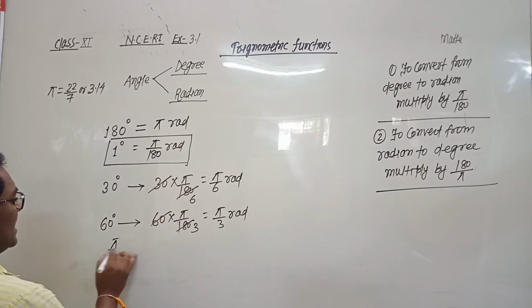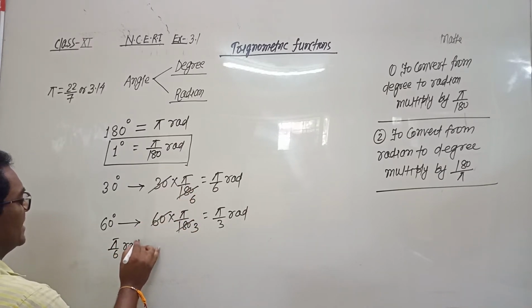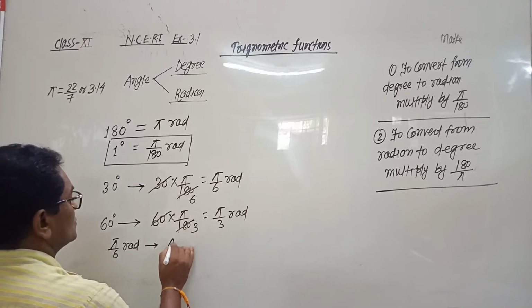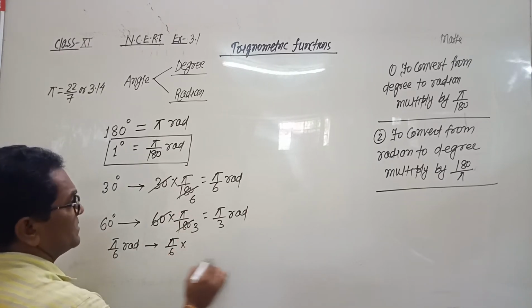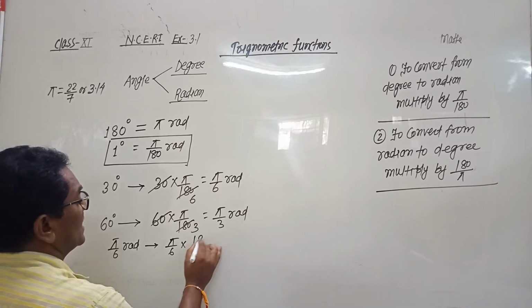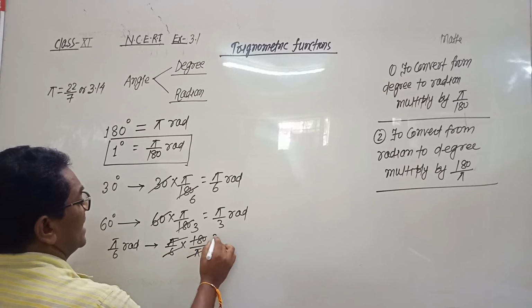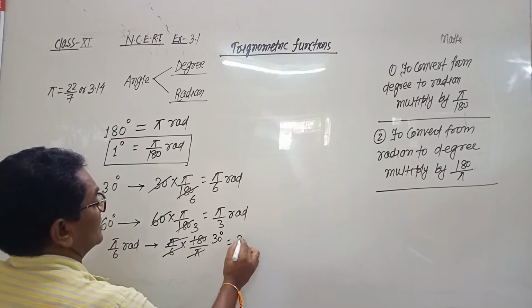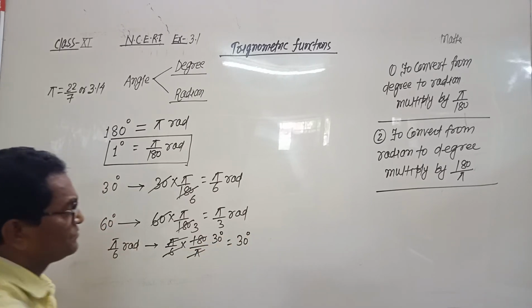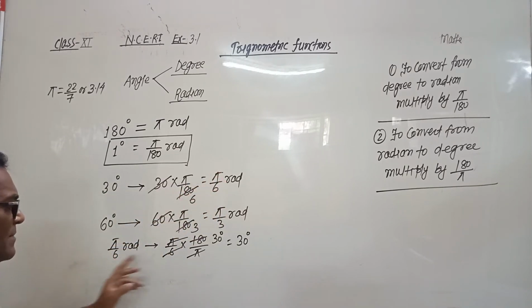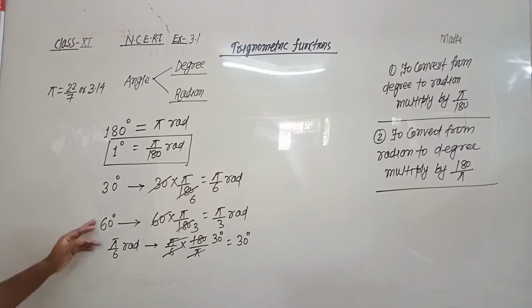Suppose we are given pi by 6 radian and we have to convert it into degree. So pi by 6 we multiply by 180 by pi. So pi gets cancelled and it goes by 30. So we get 30 degree. 30 degree equals pi by 6 radian and pi by 6 radian equals 30 degree.